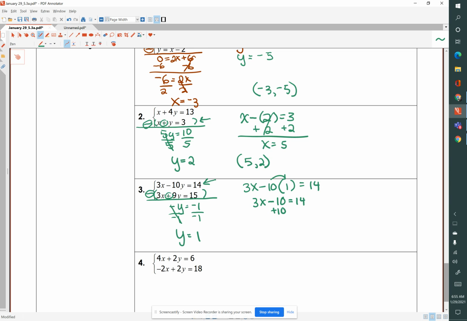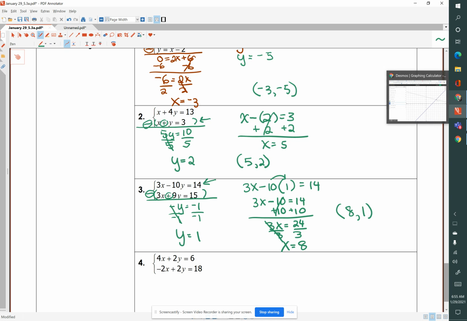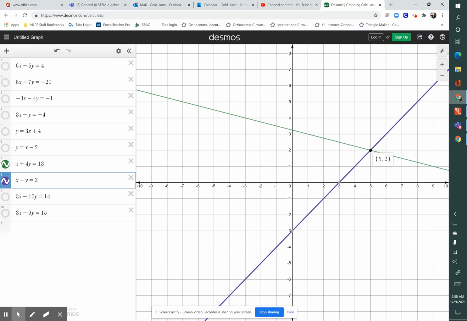We'll add 10 to both sides. 3x equals 24. When we divide both sides by 3, x equals 8. So we've got an ordered pair of 8, 1, and I think we graphed this one.